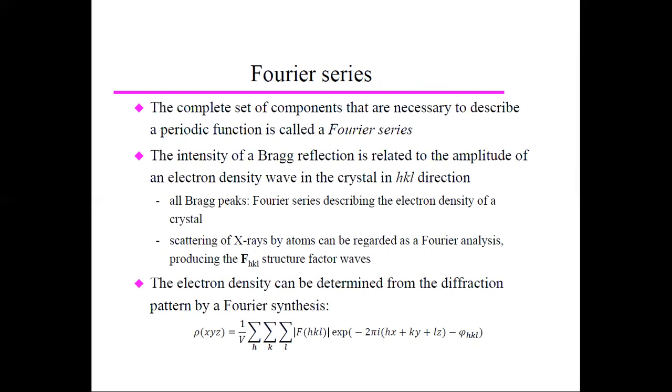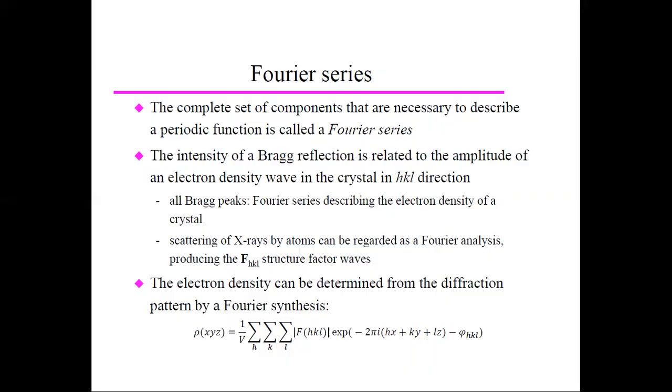The intensity of Bragg's reflection is related to the amplitude of an electron density wave in a crystal in the HKL direction. All the Bragg peaks of the Fourier series describe the electron density of a crystal. The scattering of X-rays by the atom can be regarded as a Fourier analysis, producing the structure factor wave with Miller indices HKL.